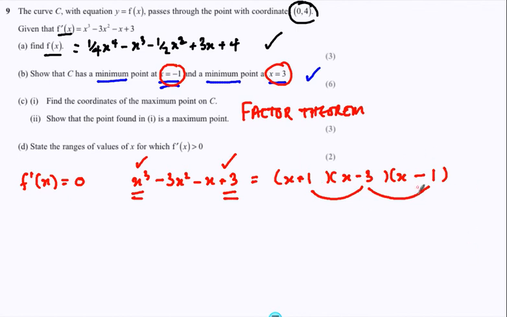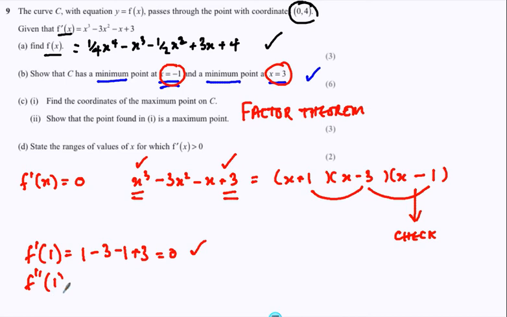Only thing that can work, so let's check that that is my third bracket and it will give me 0. X equals 1 is going to 0 that bracket, so let's check. F dash at 1, put it in: 1 minus 3 minus 1 plus 3 equals 0, so that checks.